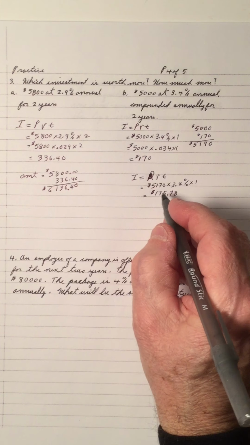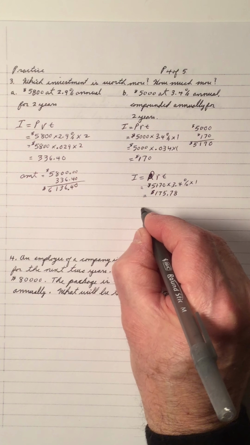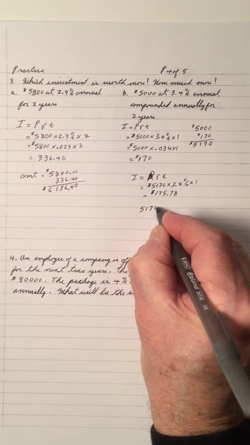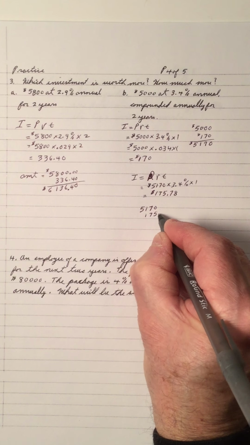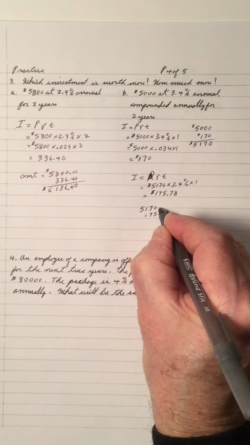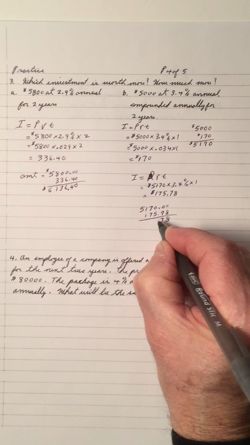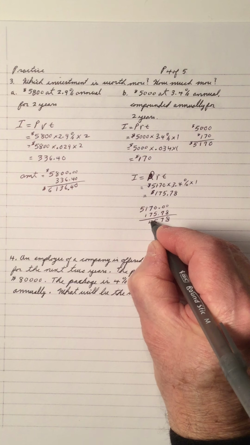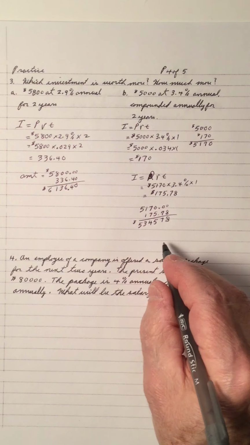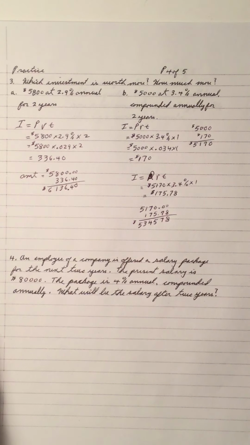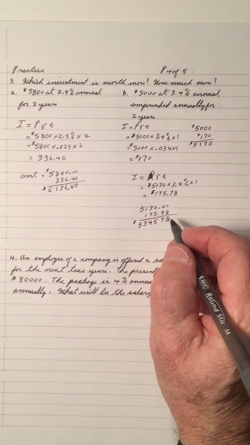So if you add that on to this principal here, 5,170, plus the interest you gained that year, which is $175.78. Line up your decimals. You add that up, you get an 8, a 7, a 5, a 4, a 3. So you get $5,345.78.